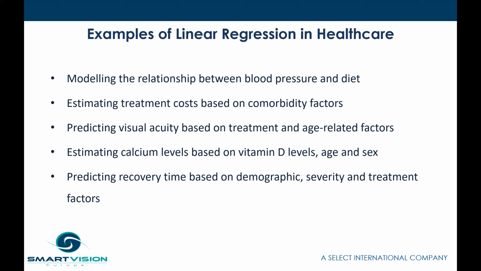And predicting recovery time based on demographic factors or the severity of an illness or an injury and treatment factors, the types of treatments, the regime that's been used there. So lots of examples where we might have a continuous outcome which is dependent on or related to a number of other factors, and we want to see the effect of these factors on that outcome, and we might even also want to see if we could predict the outcome on the basis of those factors.